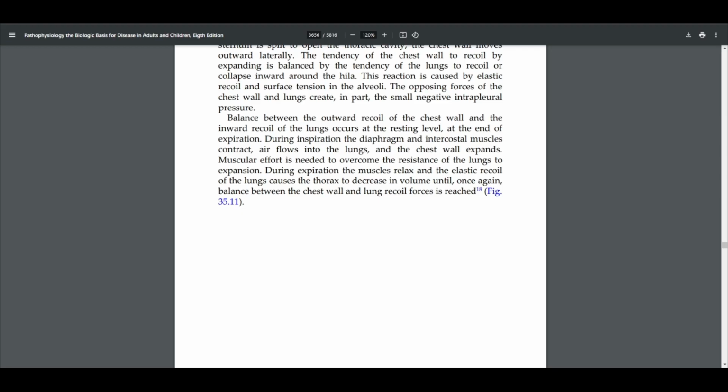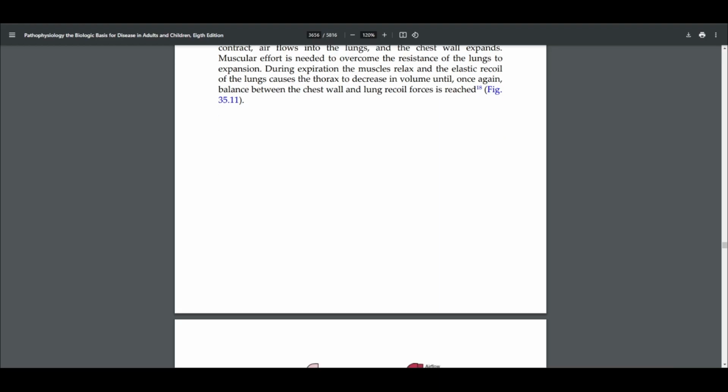Muscular effort is needed to overcome the resistance of the lungs to expansion. During expiration, the muscles relax, and the elastic recoil of the lungs causes the thorax to decrease in volume until, once again, balance between the chest wall and the lung recoil forces is reached, triggering inspiration again.